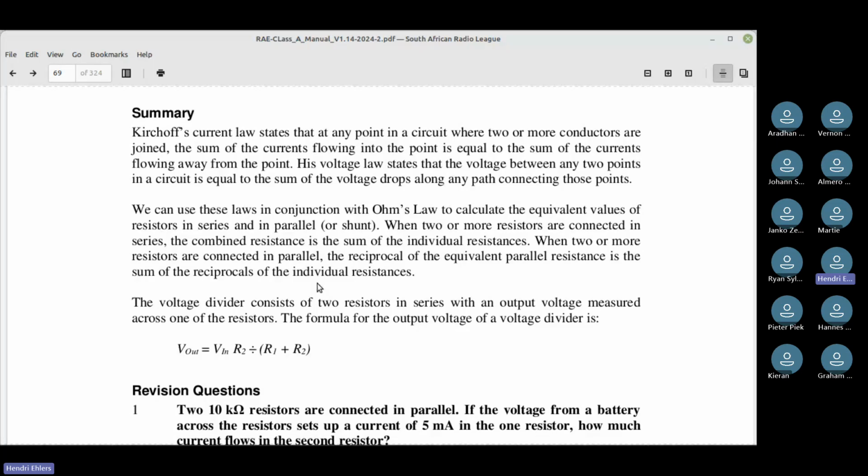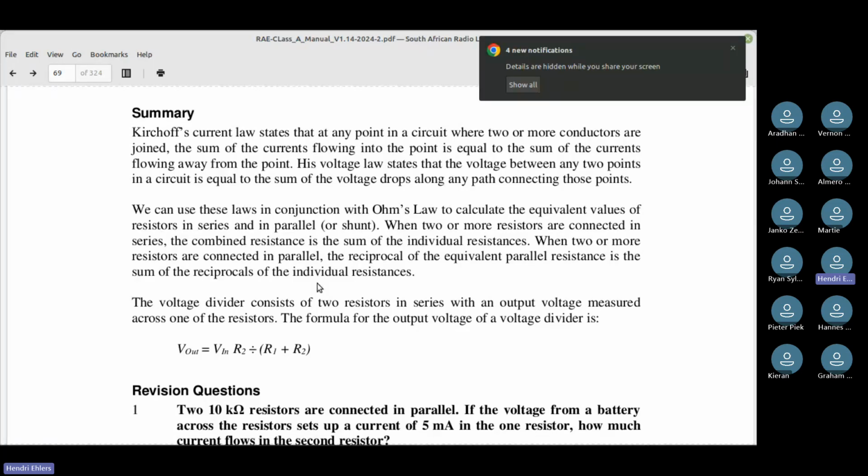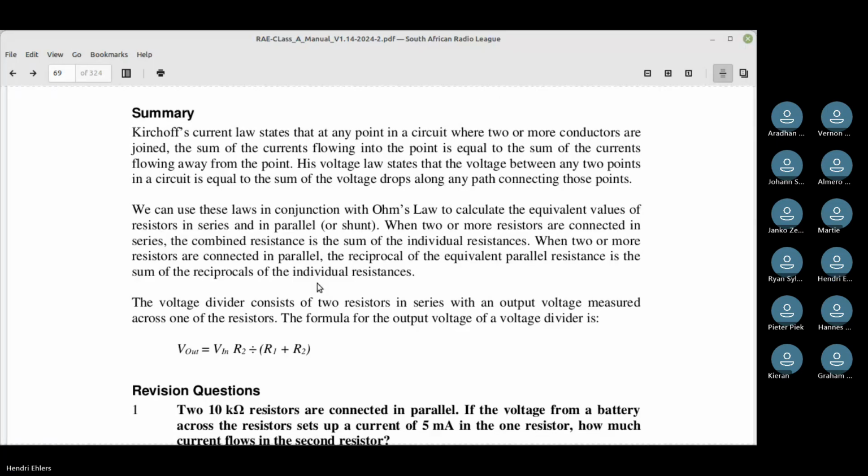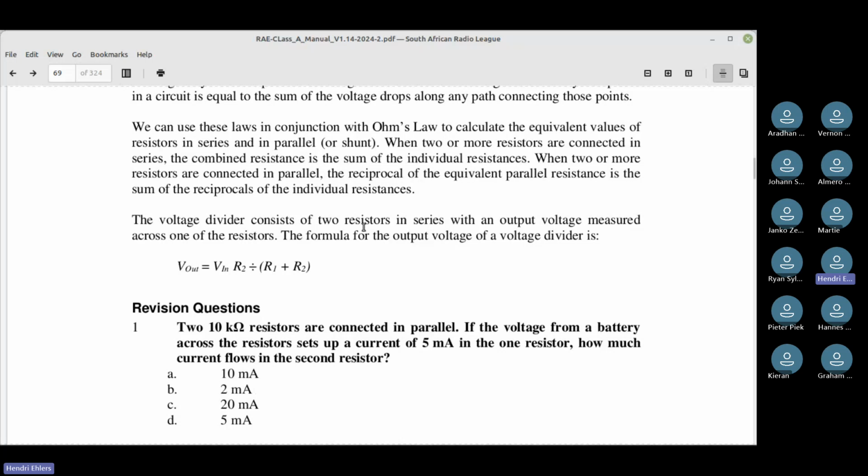Okay, so that is a very complicated way of saying 1 over RT equals 1 over R1 plus and so on. But as long as you can do the math, then you'll understand it.